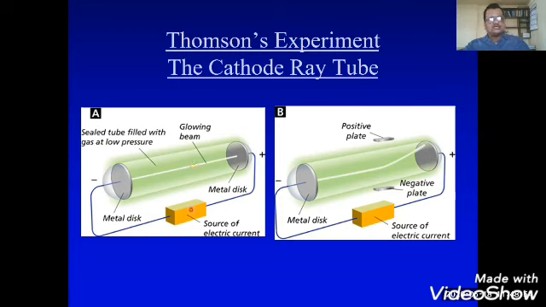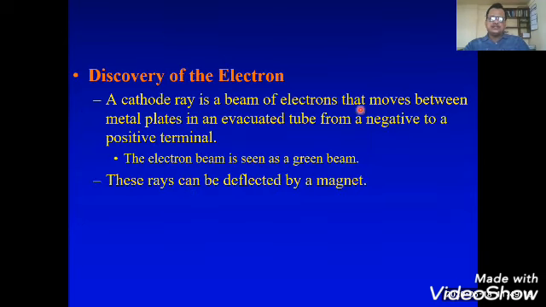And when a potential difference of around 10 to the power of 4 volt, that is 10,000 volt, is applied, then invisible rays travel from the cathode towards the anode. These rays were called cathode rays because they were believed to originate at the cathode. So a cathode ray, as I will come to later on, is a beam of electrons.